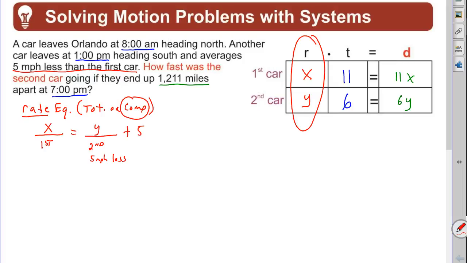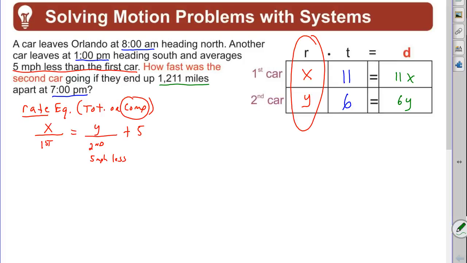Now, some of you have trouble with that, so I told you, just come up with a miles per hour. Let's say the first car was going 85. Then you'd know the second was going 5 less, 80. How do you make the equation equal? Add 5 to the 80, right? It's pretty clear if you just do your own numbers. But you have to put that 5 in the right spot, because it's 5 miles an hour less. Okay, so that's the first equation.